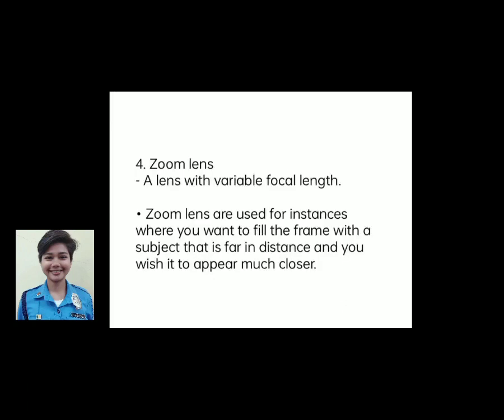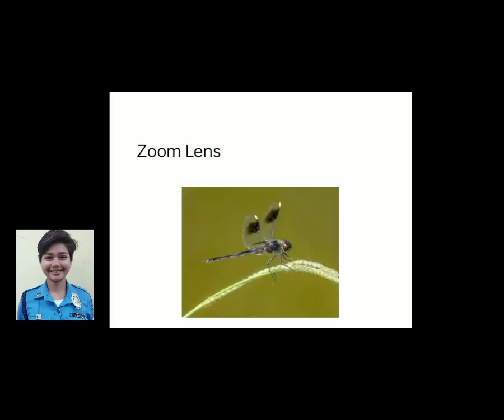Then lastly is the zoom lens, a lens with variable focal length. Zoom lenses are used where you want to fill the frame with a subject that is far in distance and you wish it to appear much closer. Every photographer wants to have this kind of lens, for example for the picture on the screen, to capture unique kinds of animals.